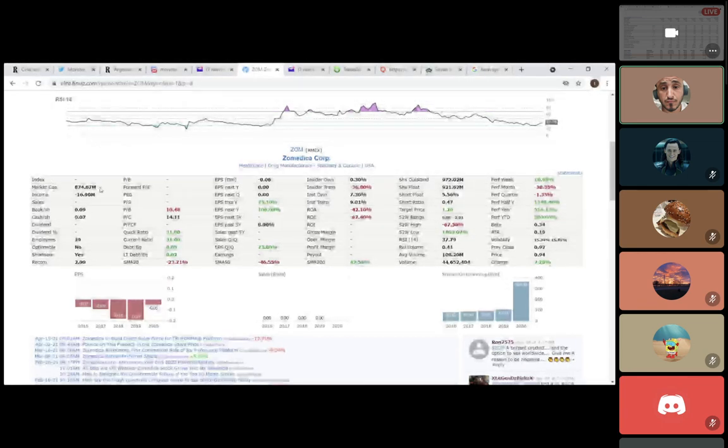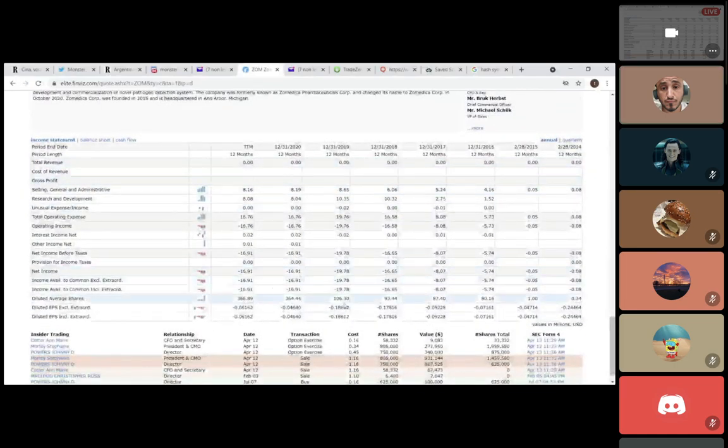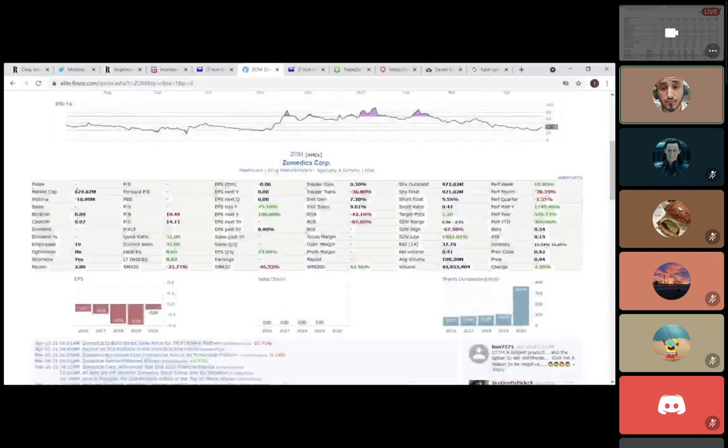So a company with zero revenues that is valued at 2.4 billion is overvalued. That's how you understand if this company basically is a bubble or not.